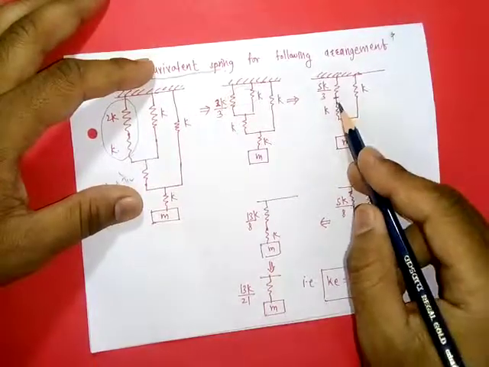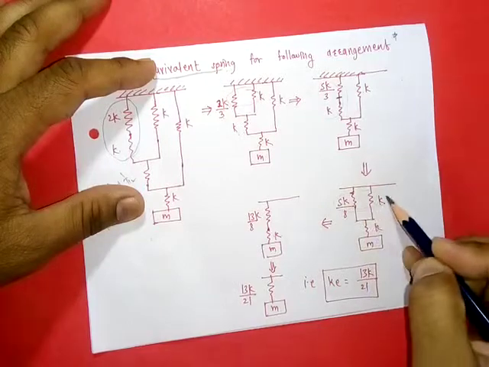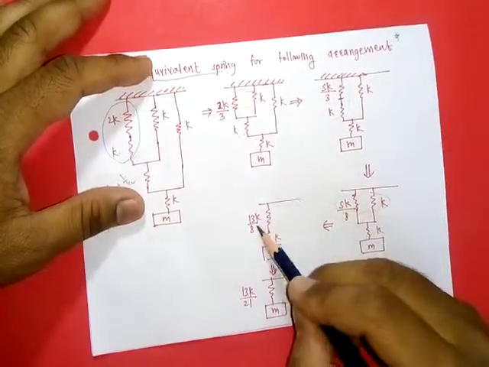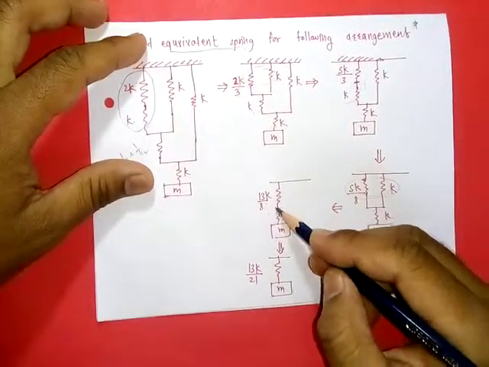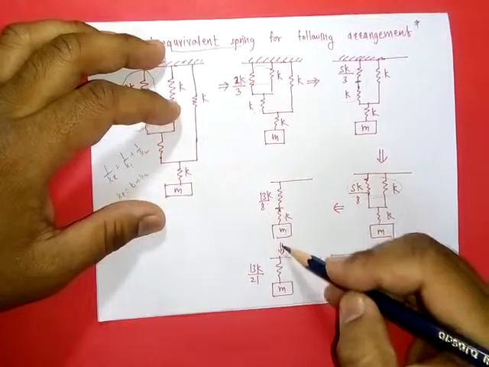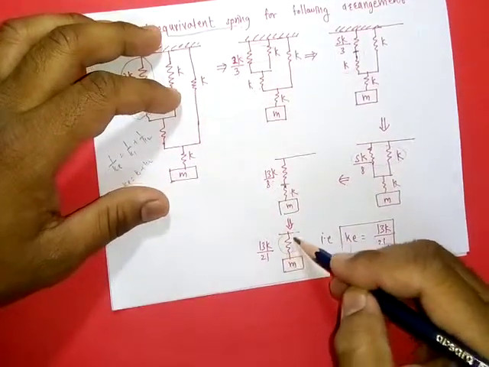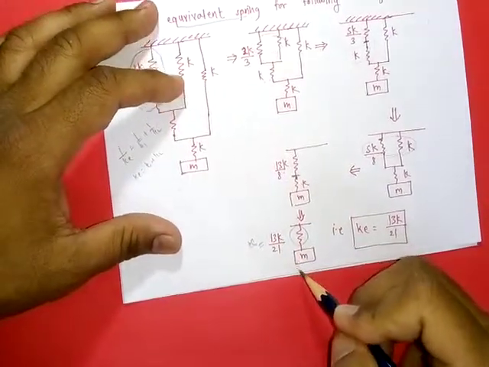Then these two springs are in parallel with the next spring, so applying the parallel relation, we get 13K by 8. Then again this spring and this downward spring are in series. Solving, we get a final single spring having stiffness 13K upon 12.